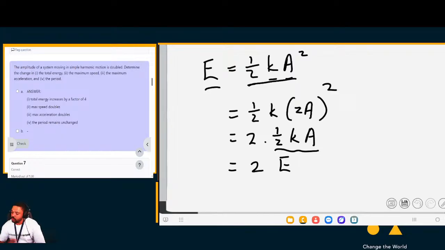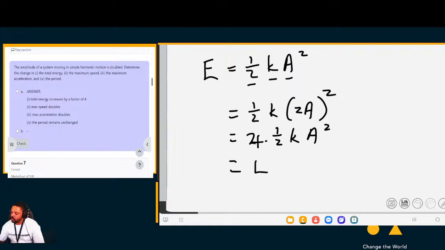I forgot to add the square. I just checked on my notes. So we add the square. So this 2 squared becomes 4, and A becomes A squared.